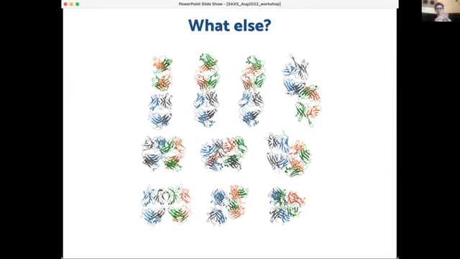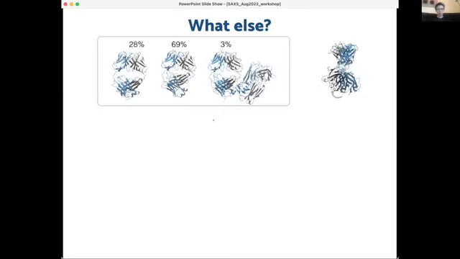There are even domain swaps of the antibodies, where they swap domains with each other. So there is some evidence of interactions of antibodies. And so we gathered some of them from the PDB and tried to see if we get a better fit if we use those dimers.